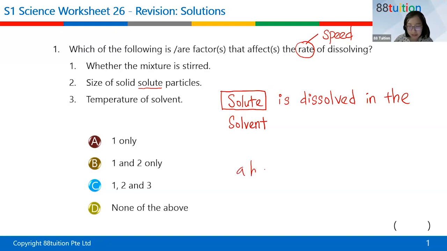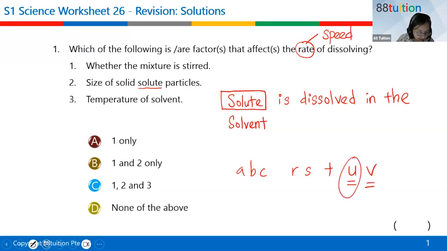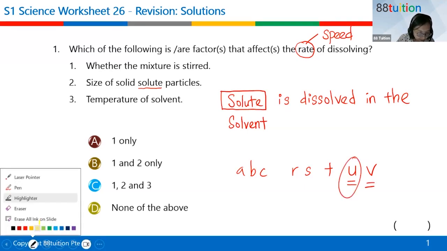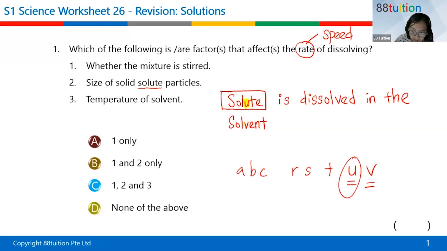Now, if you sing your ABC song, other than R, O, P, Q, R, S, T, U, V, do you see there's a U and V? U comes first, right, before V. Therefore, there's a U here, what? Then here got letter V, what? So U first, solute.